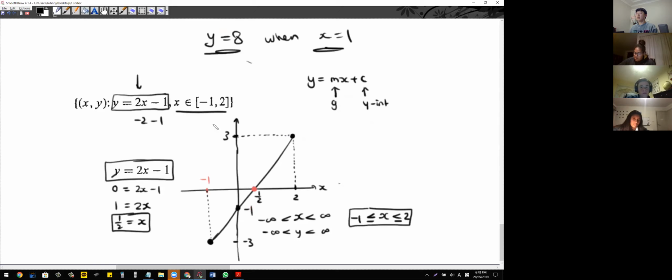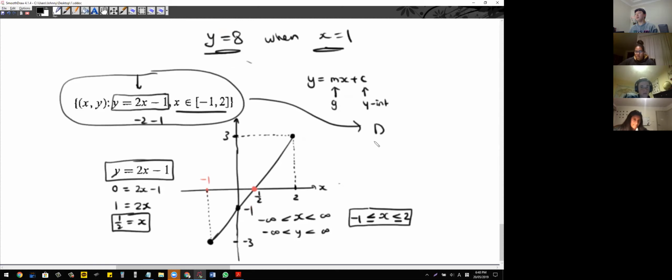Okay? So we can figure out the domain and range. So for this thing here, the question was, what is the domain? What is the range? Well, domain is simple. It's just given here. Domain is from -1 to 2. Range is from, you guys can tell me. Can anyone tell me?